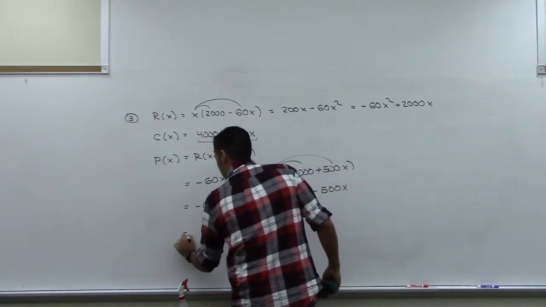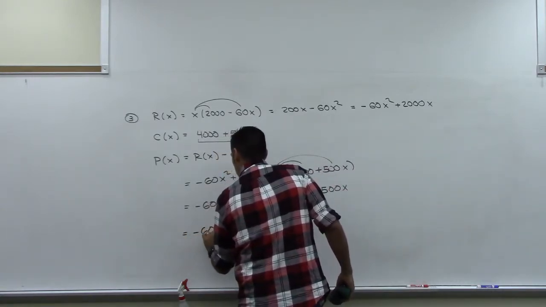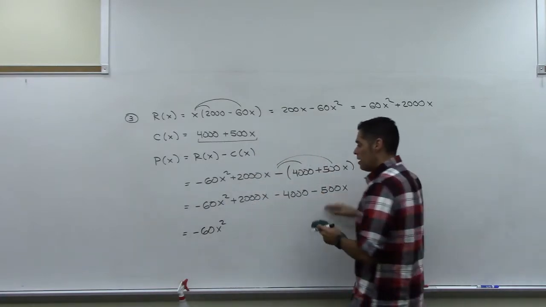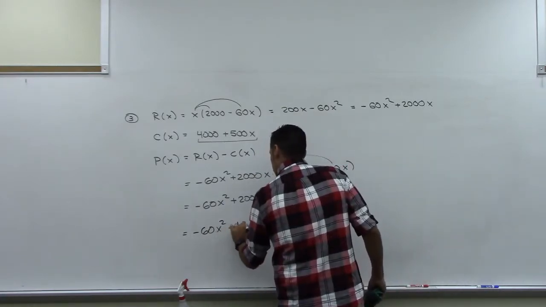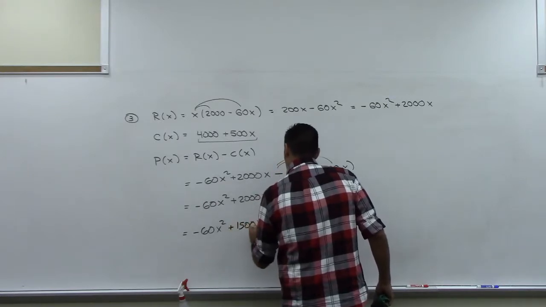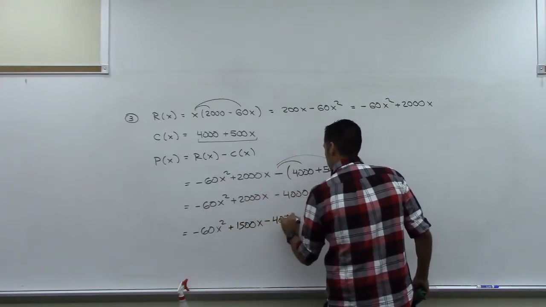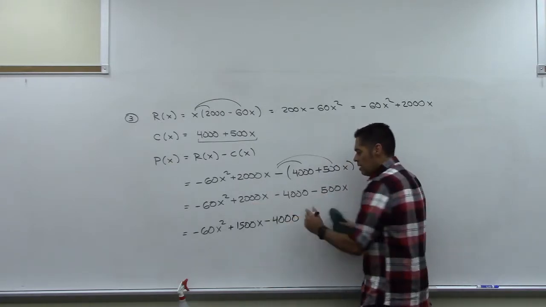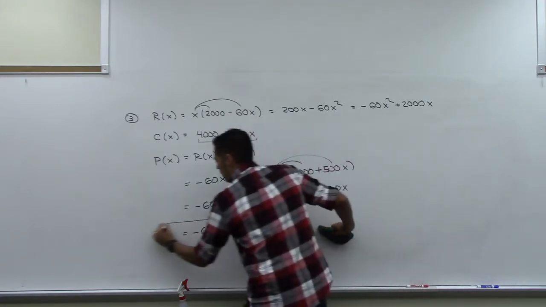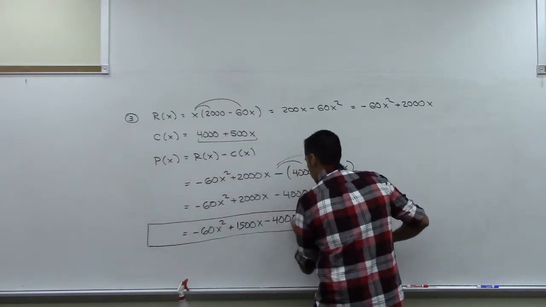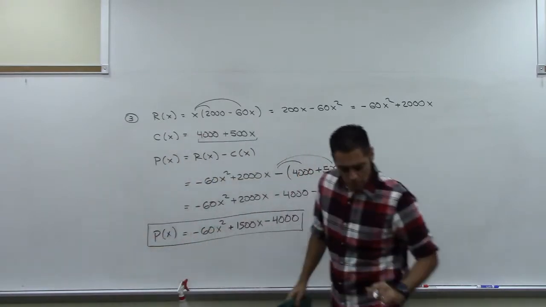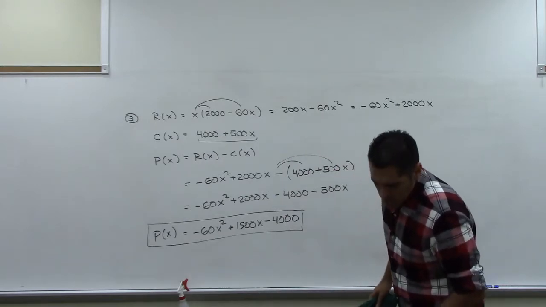So we have negative 60x squared, and then I have 2000x minus 500x, which is going to be 1500x minus 4,000. So I was only able to combine these two together. So this right here is going to be my profit function, which is what they wanted you to find initially.